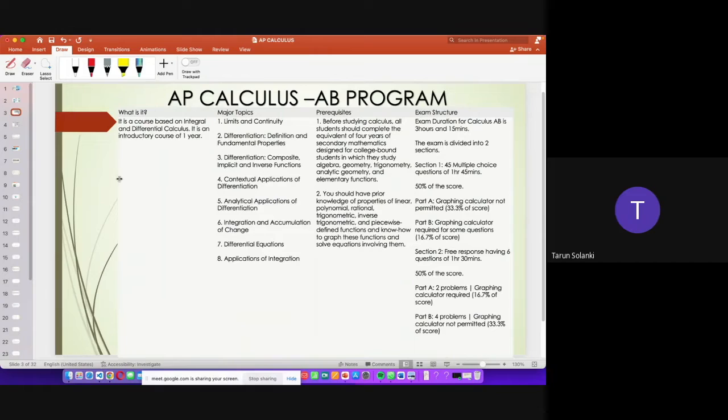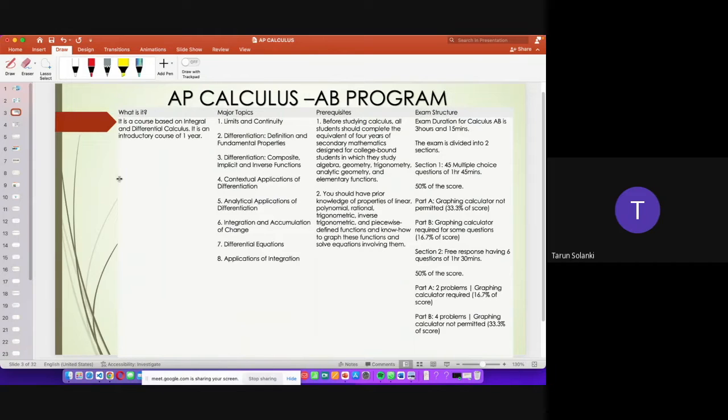Part A, where a graphing calculator is not permitted, is 33% of the score. Part B, where a calculator is allowed, is 16.7% of your score. Section 2 is the free response questions, which has 6 questions in 1 hour and 30 minutes, again 50% of the score.